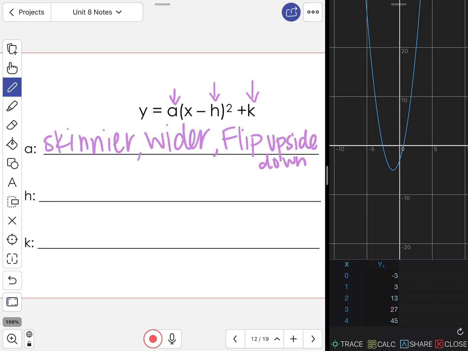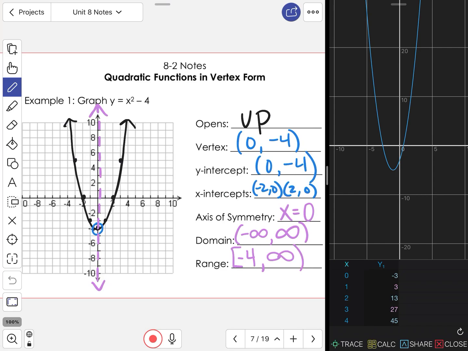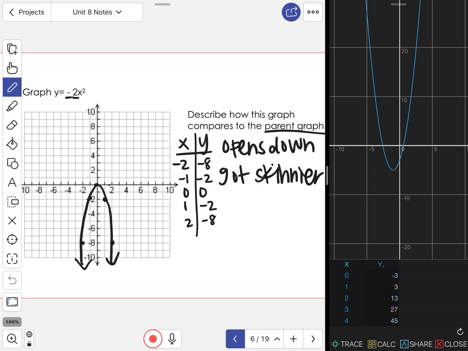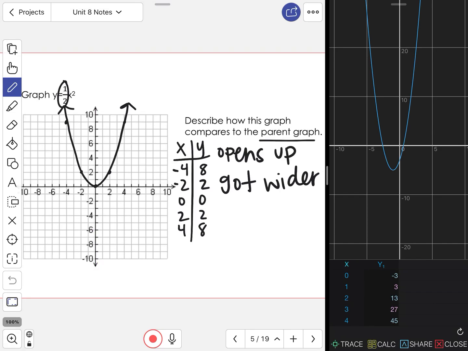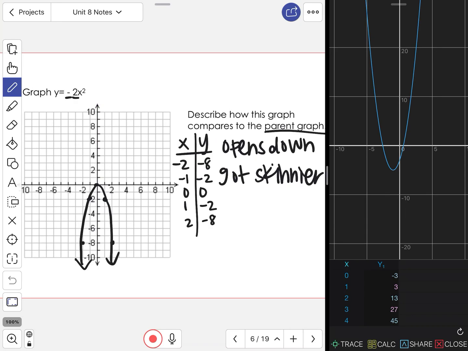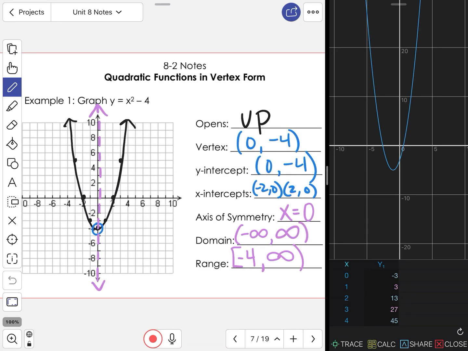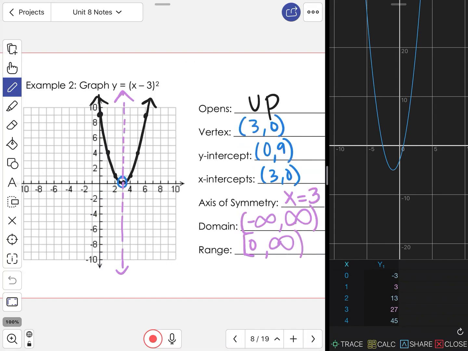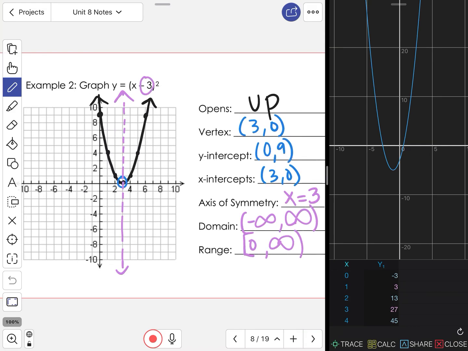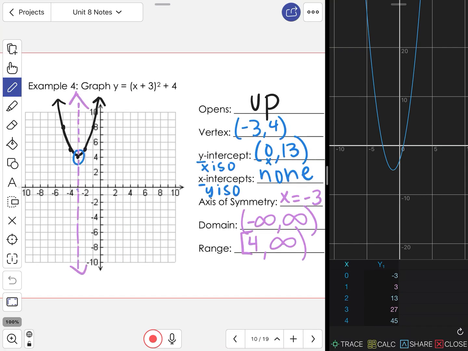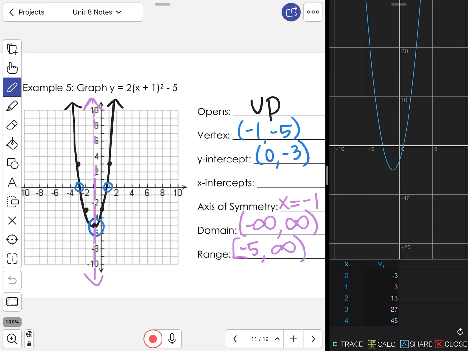Now that H, that was in this section. If we look back, our original graphs were always in the 0, 0 area. All our axis of symmetries were at 0, 0, straight in the middle. But now when we had something with that number in the parentheses, it shifted our graph to the right each time. If we had something with a plus, it made it go to the left.